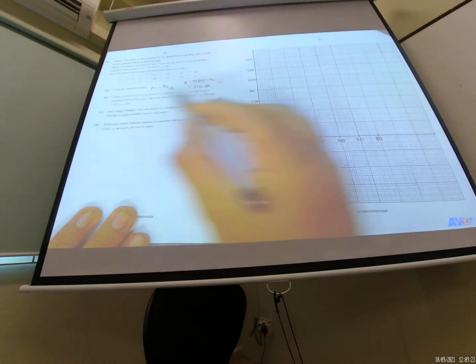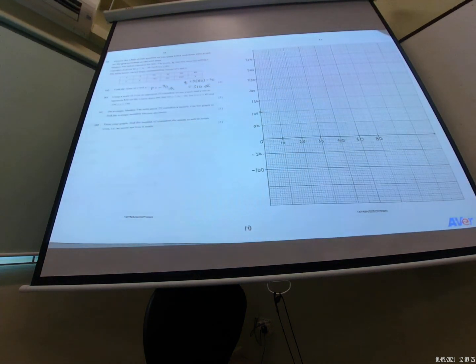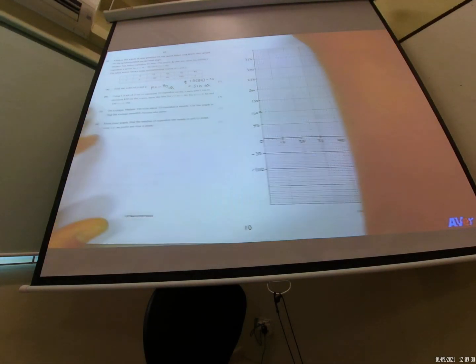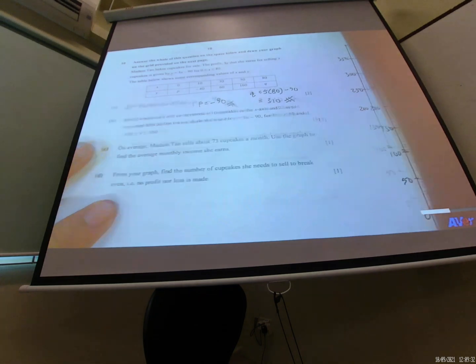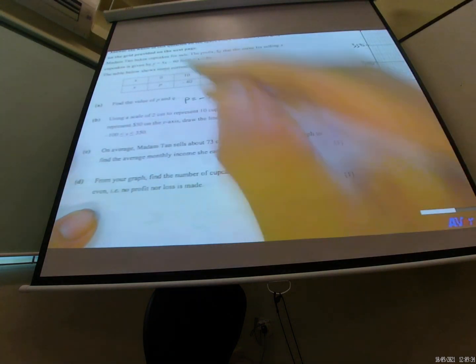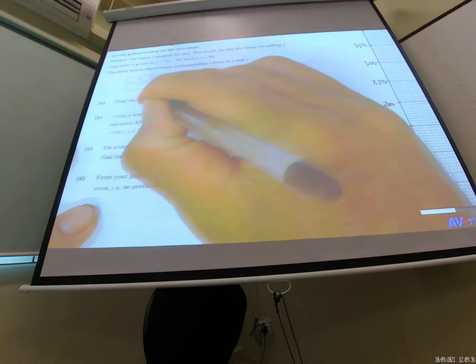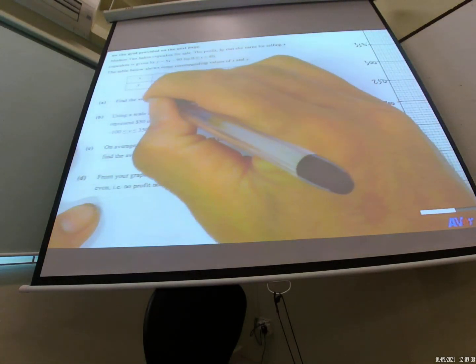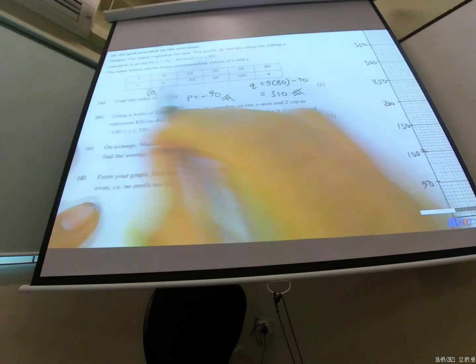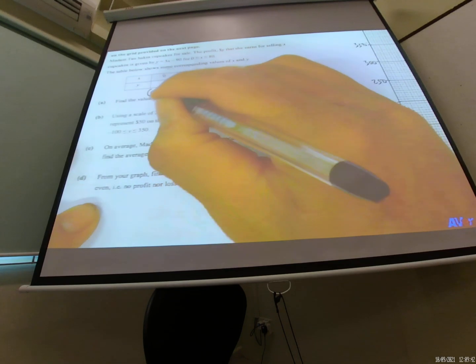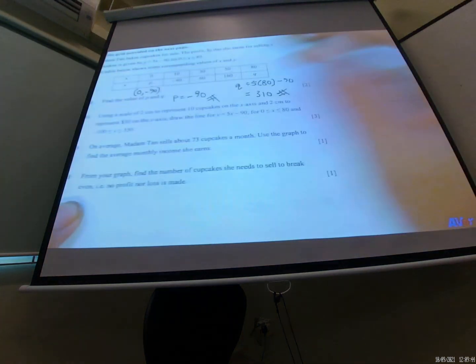We go back to our table. Each pair of values will give us one plotting point. So this pair of x and y will give us one point. When x is 0, y is negative 90. This gives us one point.